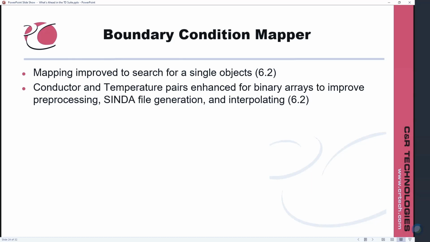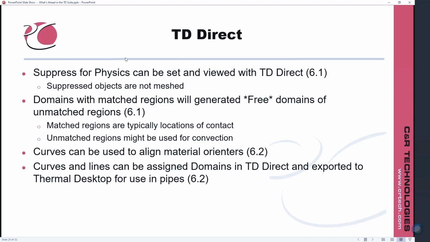So that's an improved mapping. We've been using that one for the structural model mapping, data results mapping for quite a while now. And also conductor and temperature pairs have been enhanced so that you have binary arrays to improve pre-processing, file generation, and also the interpolation.